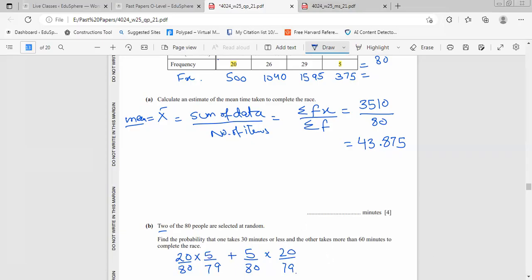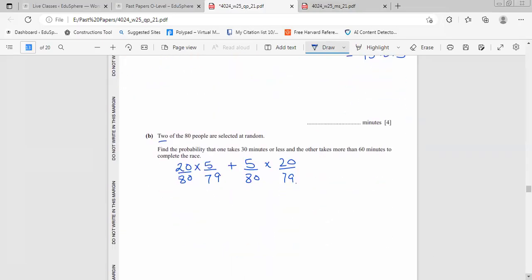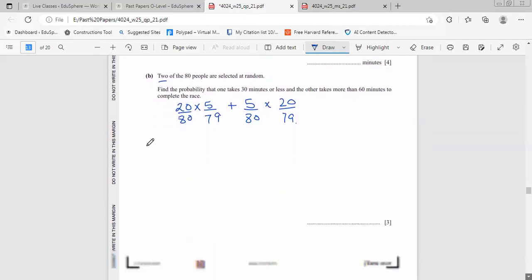So when we are taking this, let me do the calculation. I write 20 times 5, which is 100, over 80 times 79.